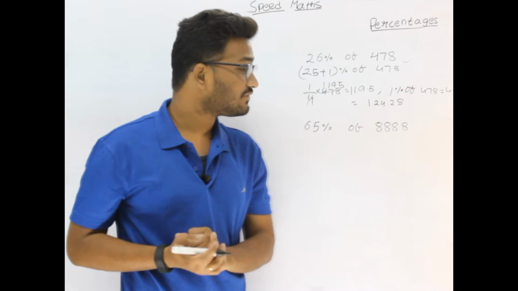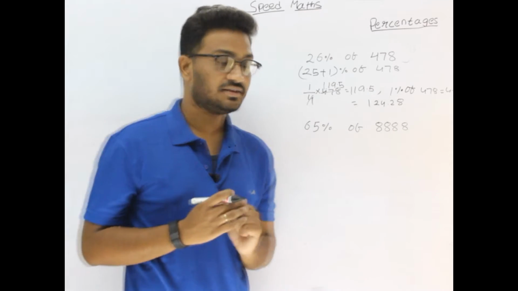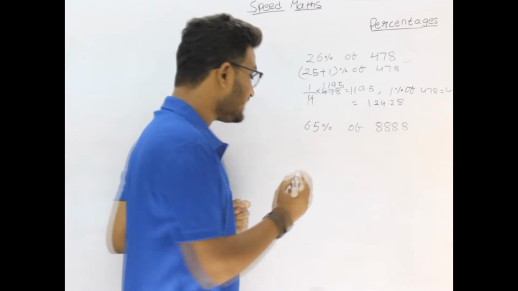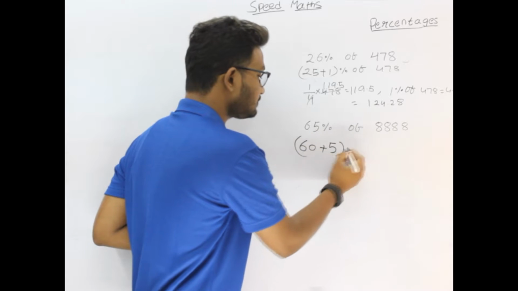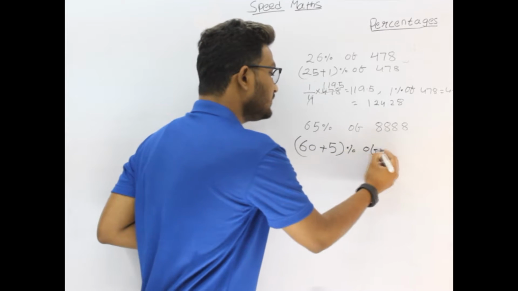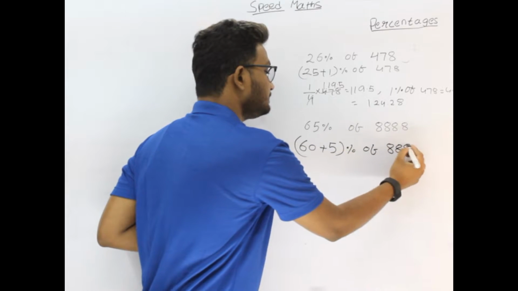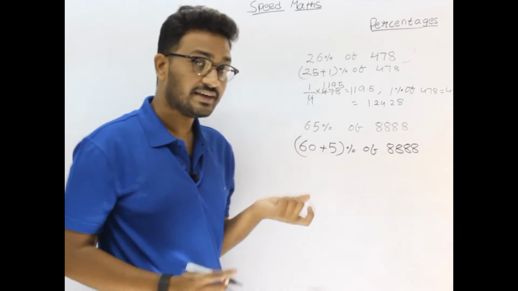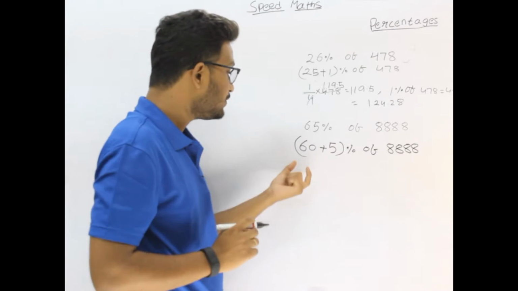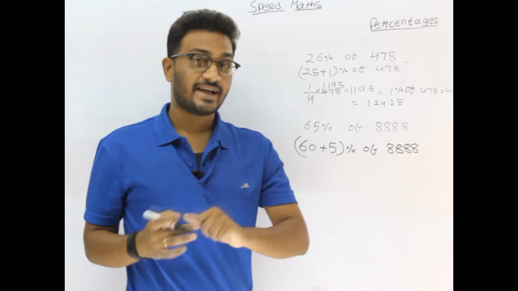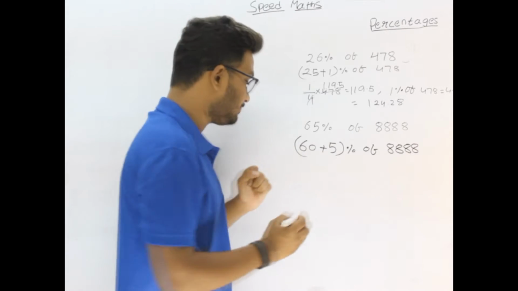Let's see this example. Here we have to find 65% of 8888. We can split this 65 as 60 plus 5% of it. So we have to find 60% separately and 5% separately, and we have to add them. We know that 60% fractional equivalent is 3 by 5.